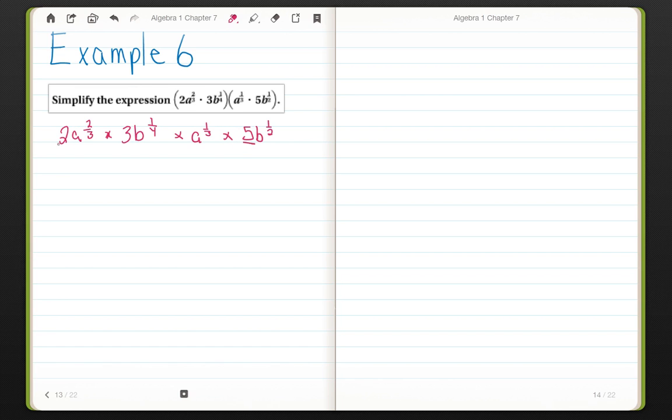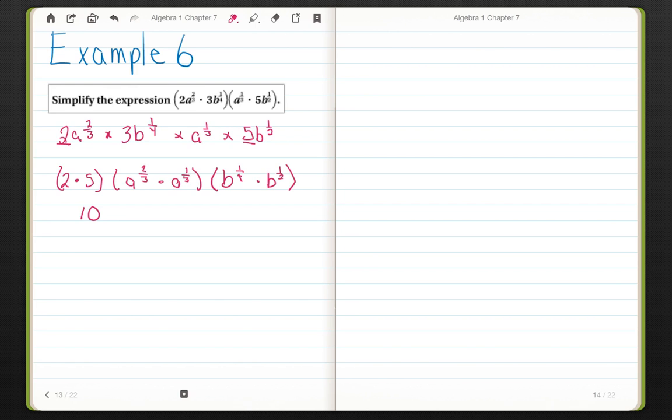So I'm going to start by taking my coefficients. 2 times 5. And then my a's. A to the 2/3 times a to the 1/3. And then my b's. B to the 1/4 times b to the 1/2. 5 times 2 is 10. A to the 2/3 times a to the 1/3 is a to the 2/3 plus 1/3.